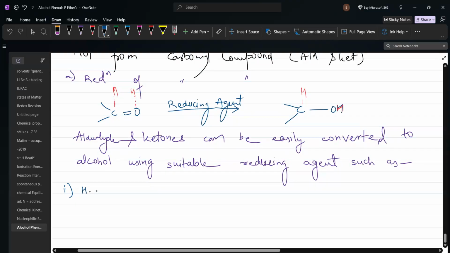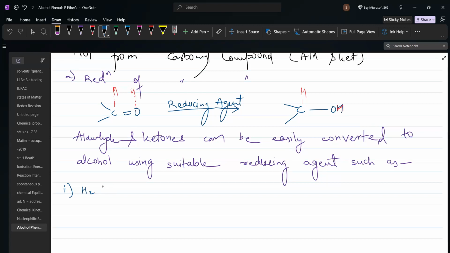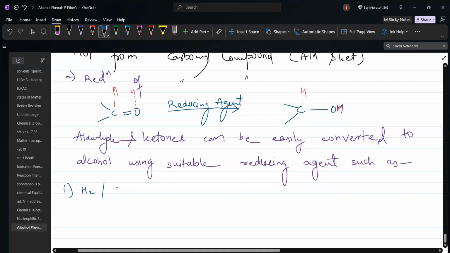The first one is very important: hydrogen with nickel or platinum or palladium. It is also called catalytic hydrogenation.